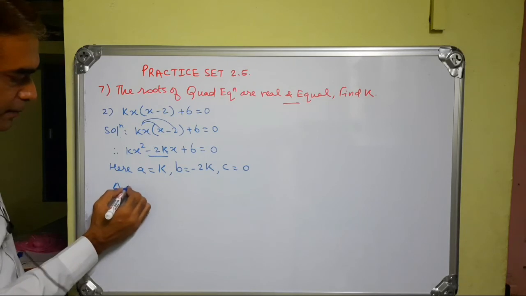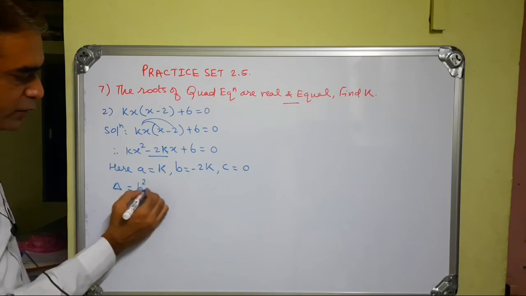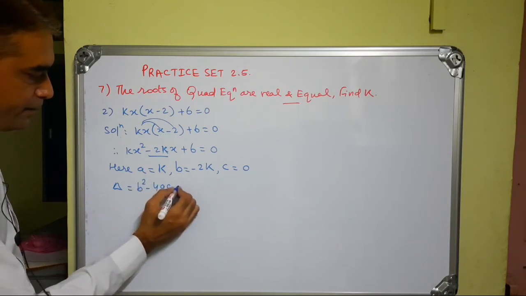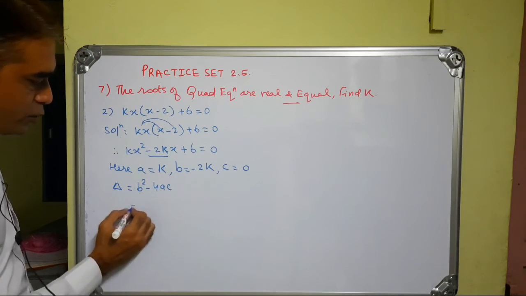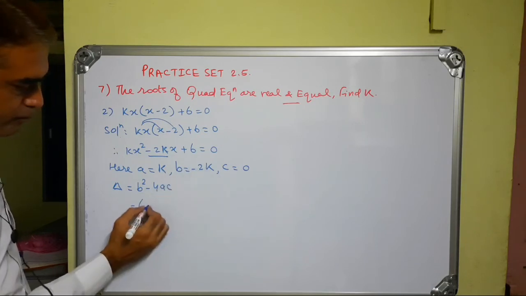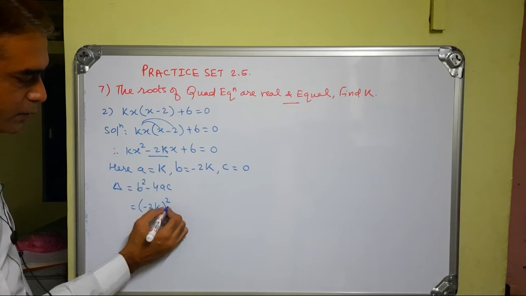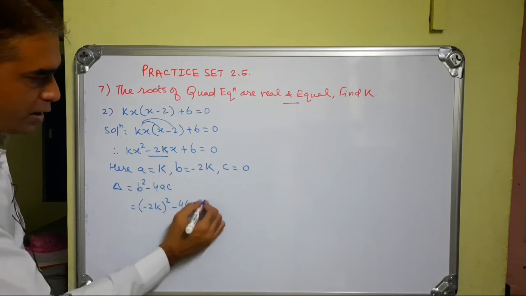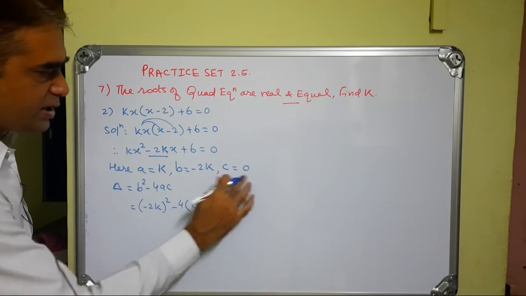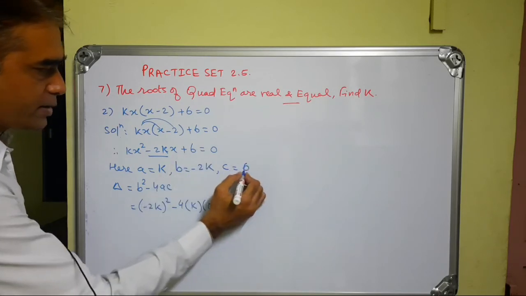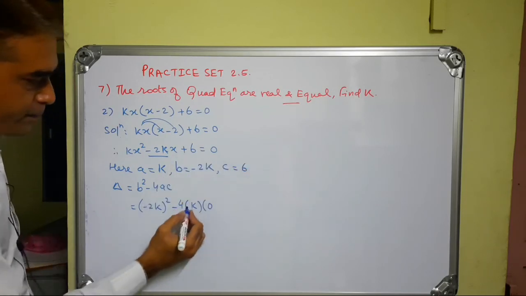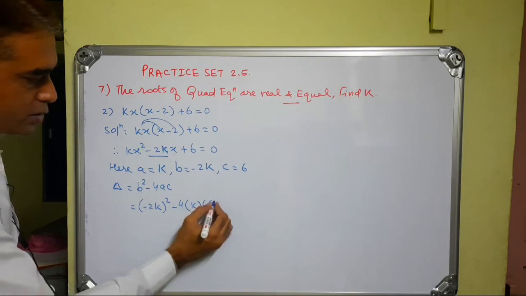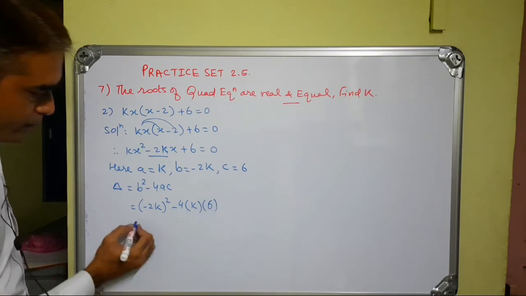Therefore discriminant, that is b square minus 4ac, is minus 2k whole square minus 4 into k into 6.